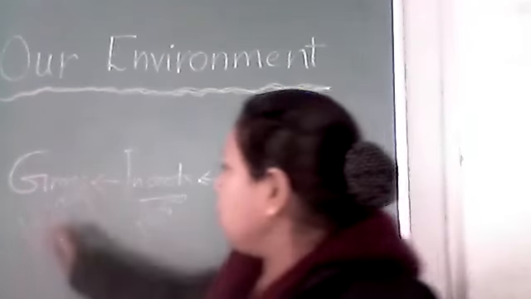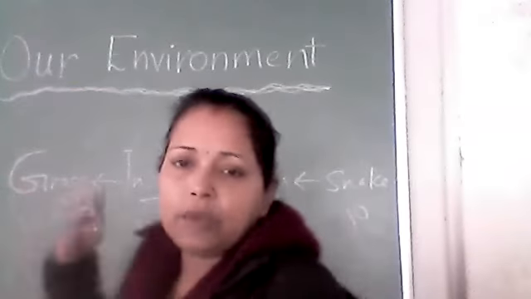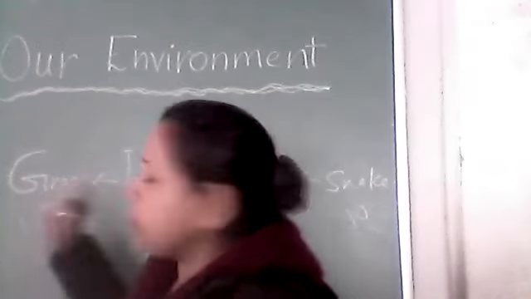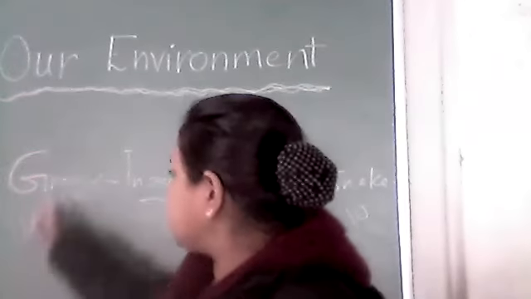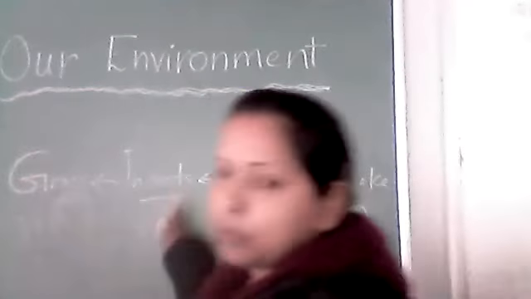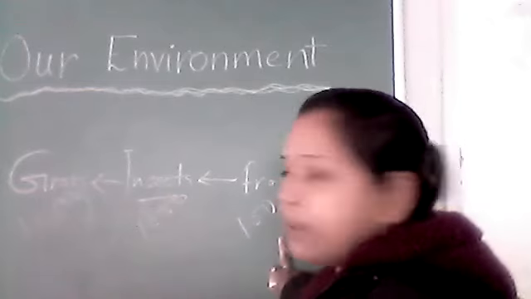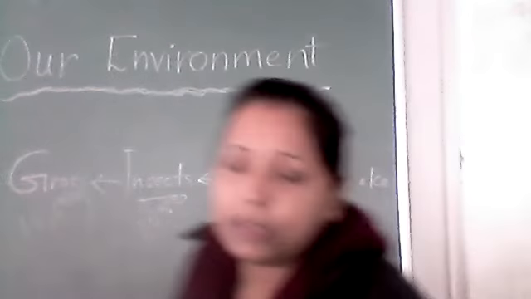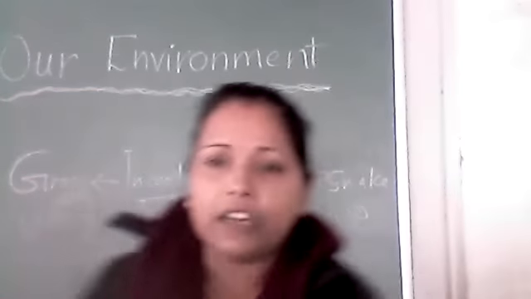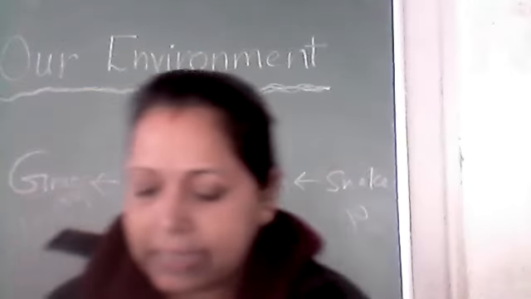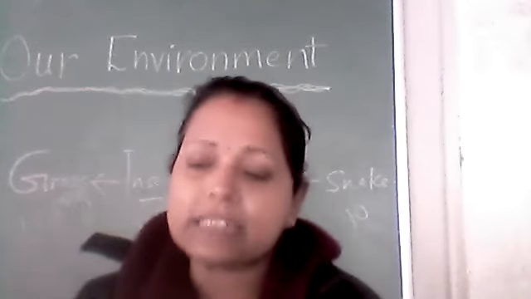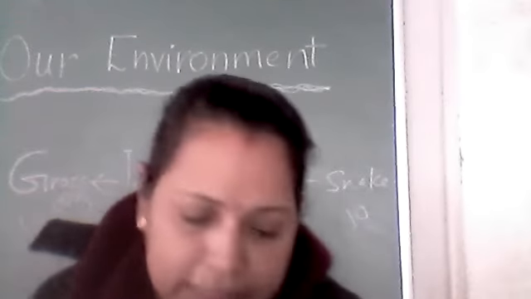Only producers use solar energy to produce food, and then the energy transfers from producer to primary consumer, then to secondary consumer, and then to tertiary consumer. In this way, the chain continues. So energy flow is always unidirectional.